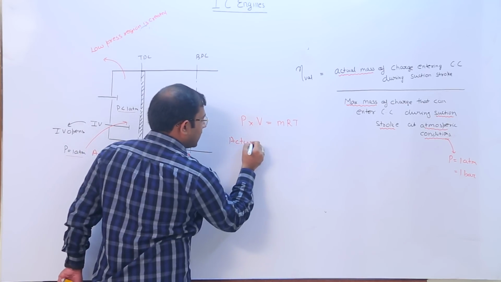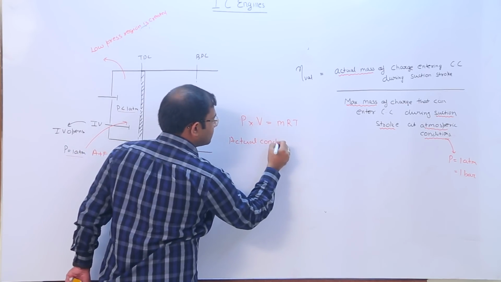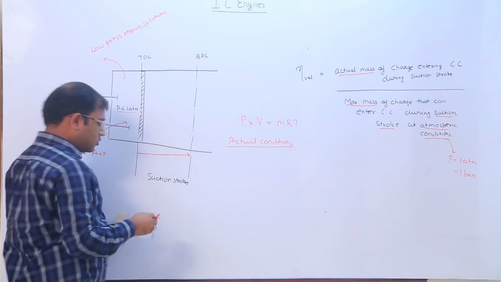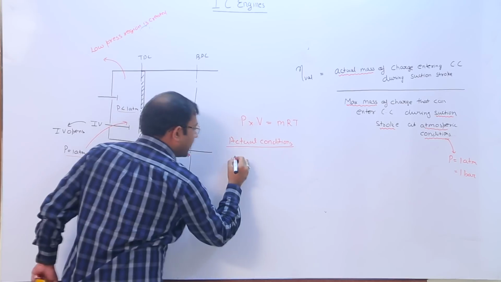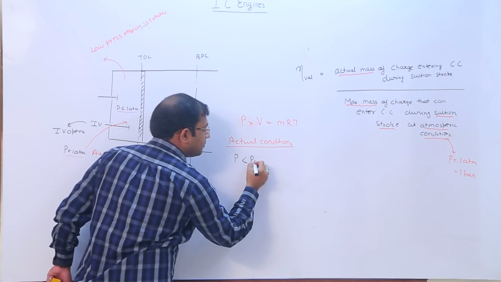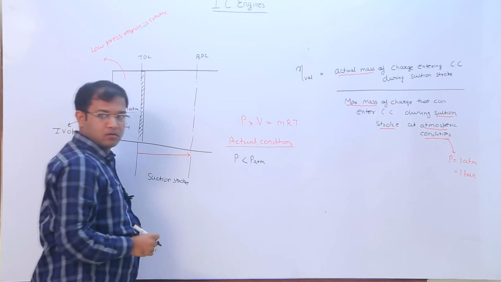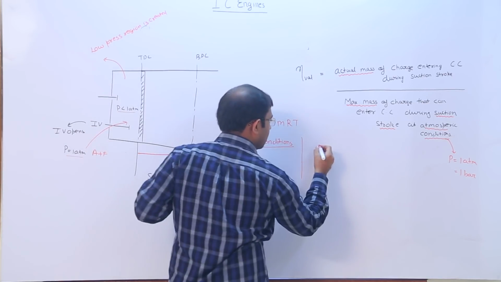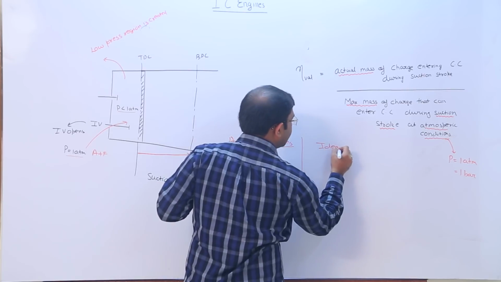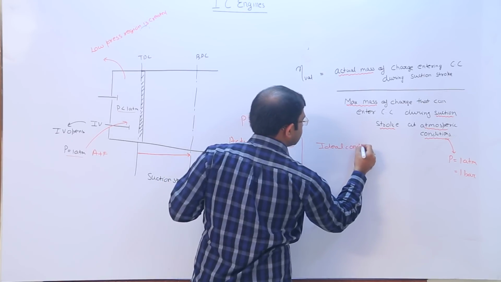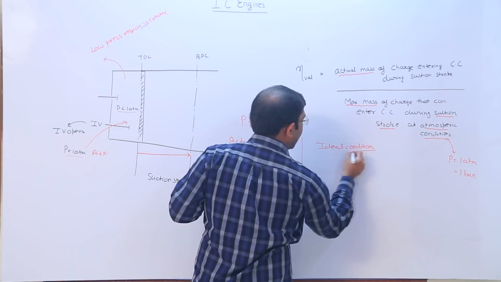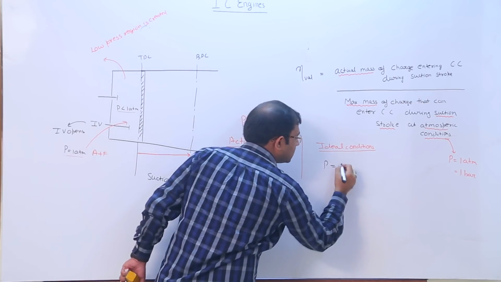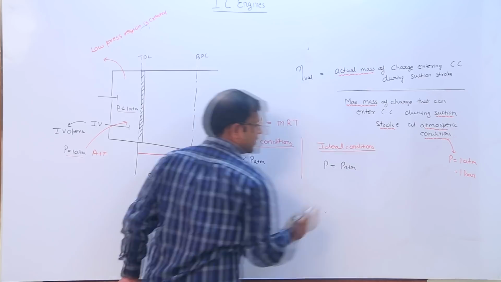Now see here, actually in actual conditions, your pressure P is less than P atmospheric. Is it okay? And in ideal conditions, that means ideal conditions means the pressure is equal to P atmospheric.